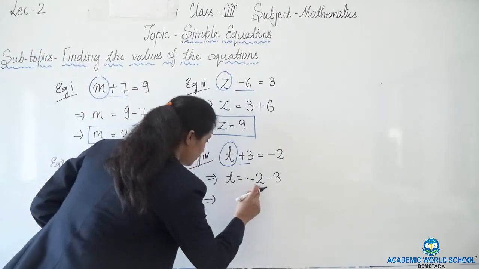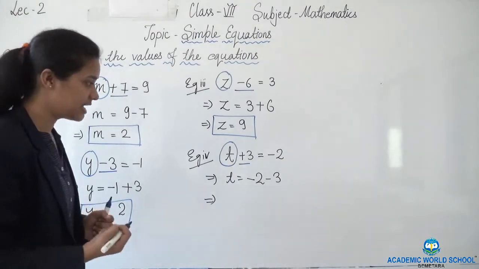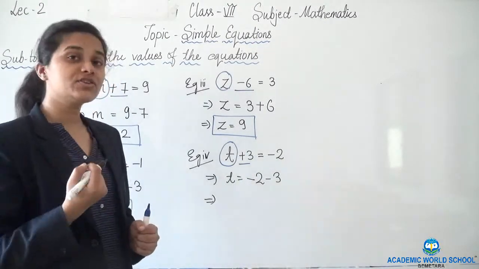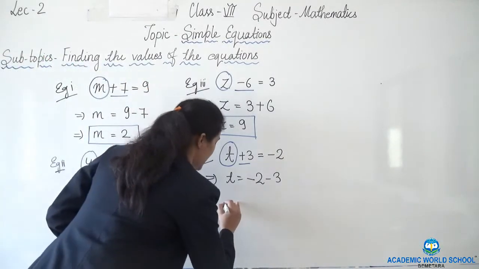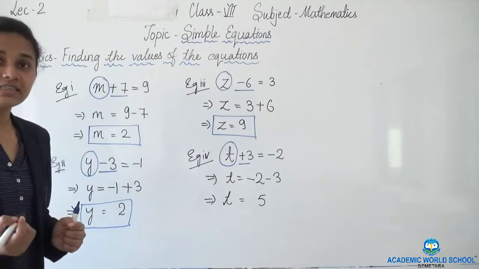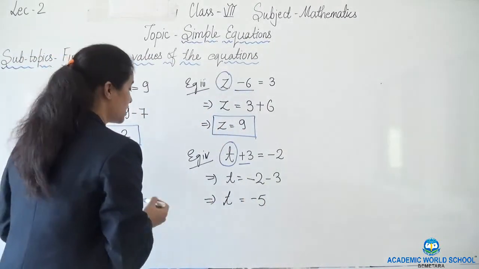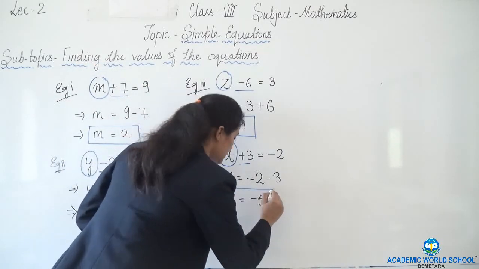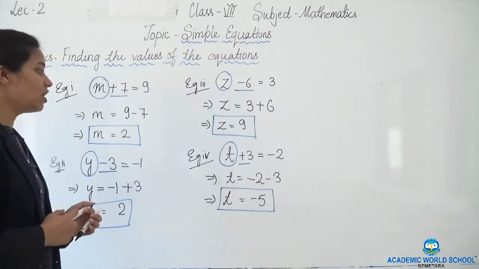Now both the integers are having the same sign. So if both the integers are having the same sign, we add. So 5. And since both the integers are negative, our answer is also negative.